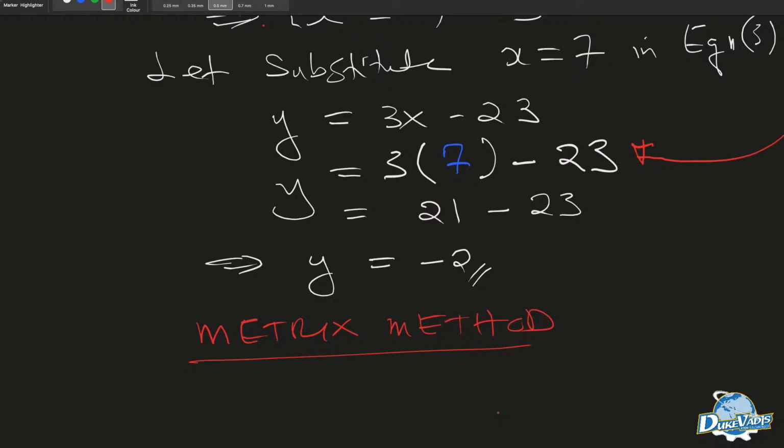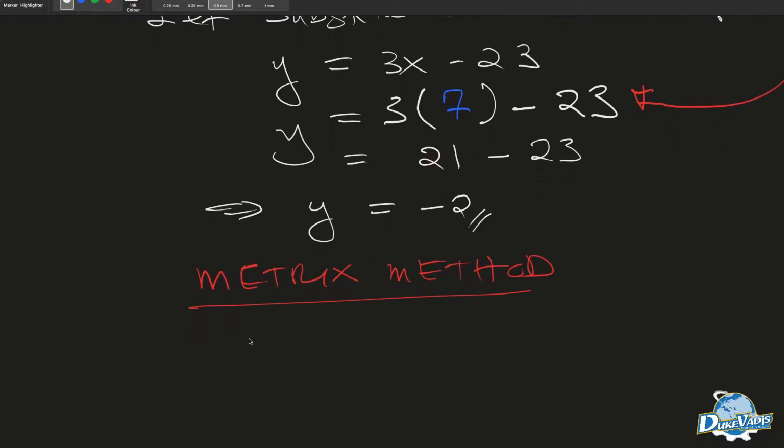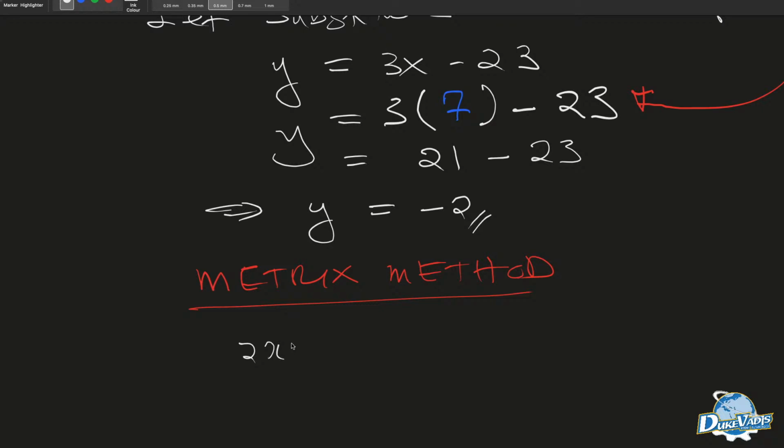The equation says 2x minus 3y is equal to 8, as usual, as equation 1.